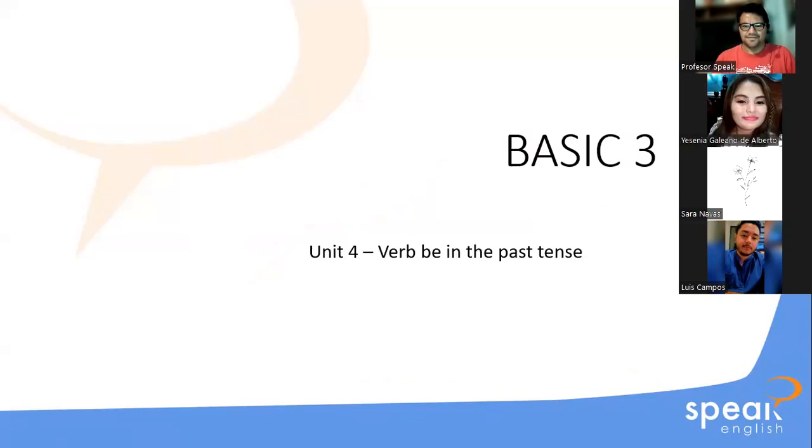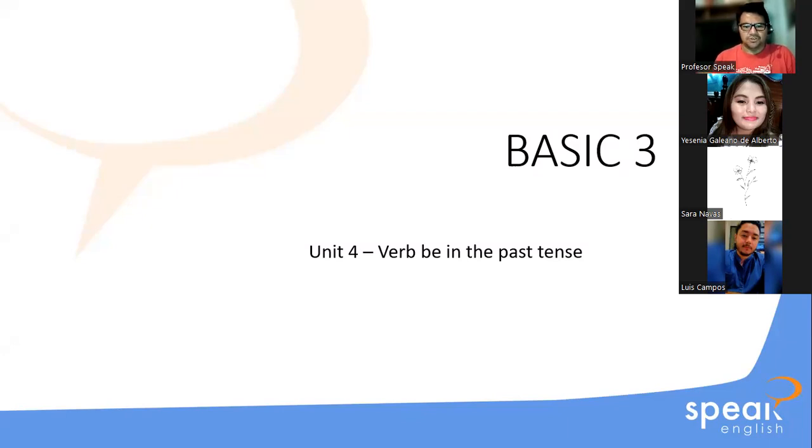Okay, great. If we have time for today's class, at the end of the class, I'm going to ask you about the speaking activities that we've been doing in class and how you feel about the speaking activities, okay? But that would be only if we have enough time.